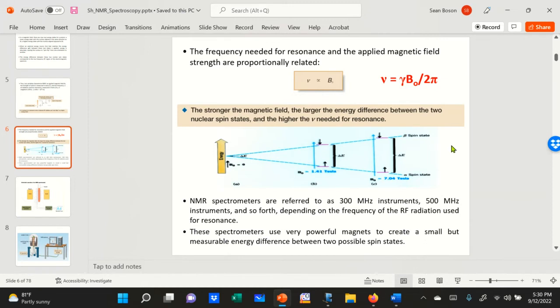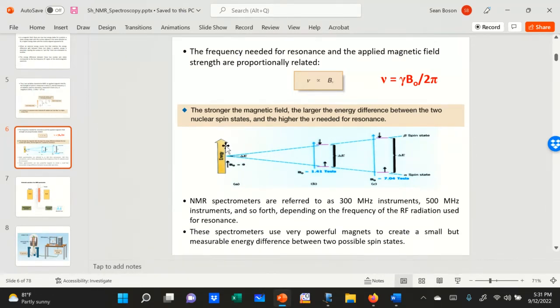Interestingly, it is the radio frequency radiation that is used to name or label the NMR machine. The machine that uses 300 megahertz RF radiation is called a 300 megahertz NMR machine. The machine that uses 500 megahertz radiation is called a 500 megahertz machine.